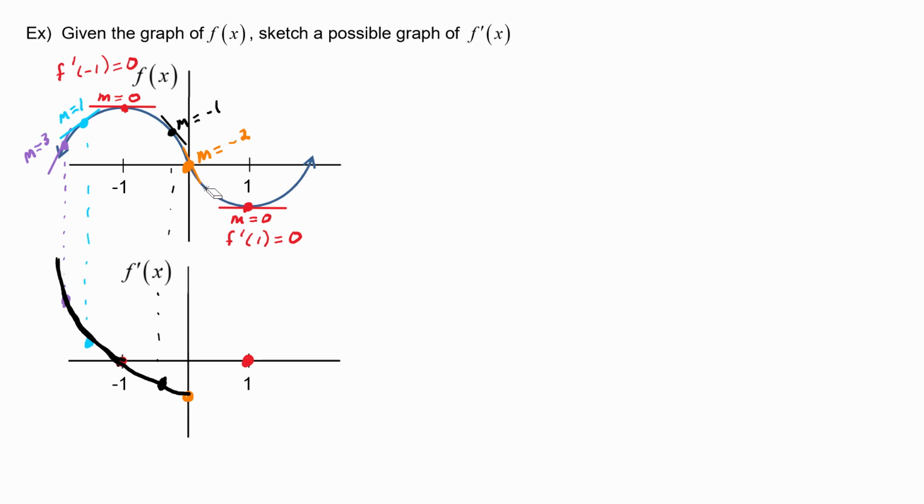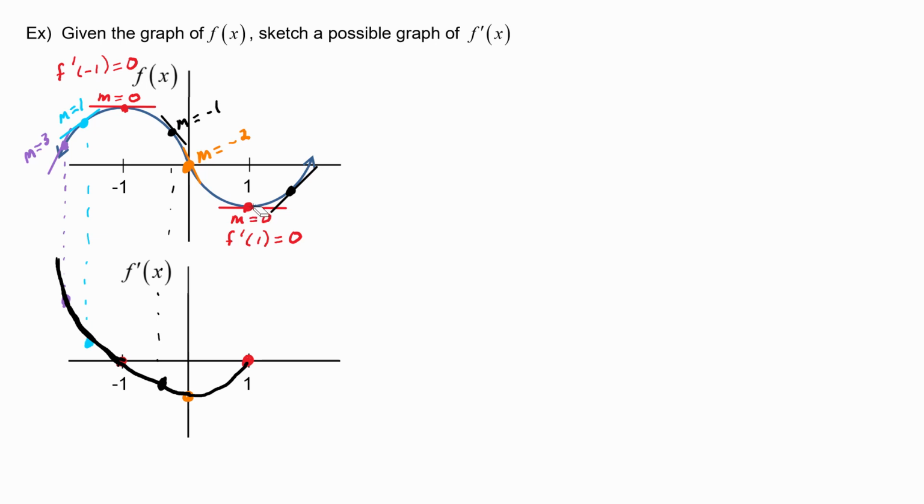now after x equals 0, the slope is still negative, but you can see it's heading up to 0. So that means the y values will still be negative, but they have to head up to 0. And that makes sense with connecting to this point here. Now after x equals 1, so for example, let's just put a point here, the tangent line there, we can see it's positive.